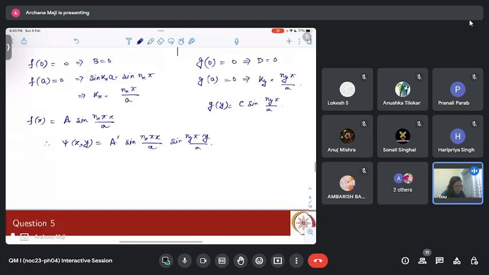Okay, now this a prime can again be determined using this condition. Now you need to integrate over both dx and dy.